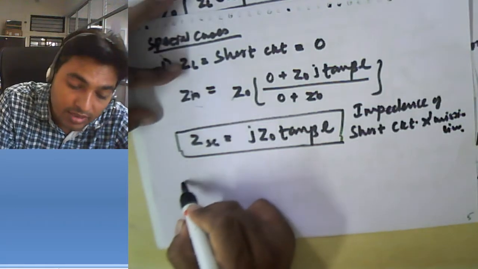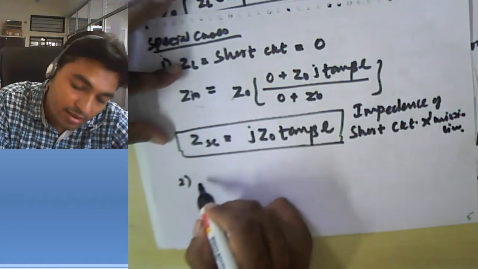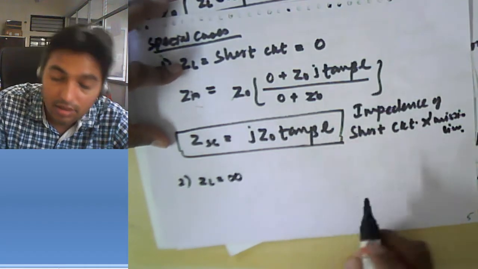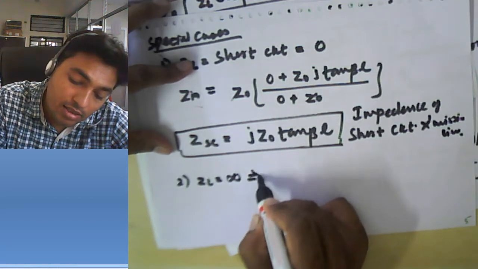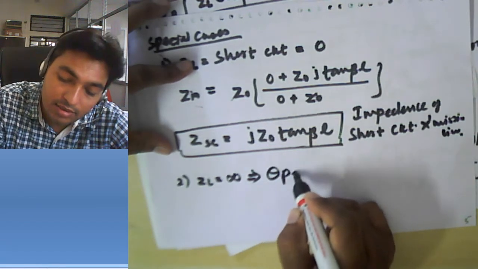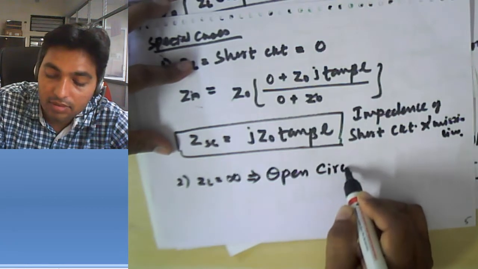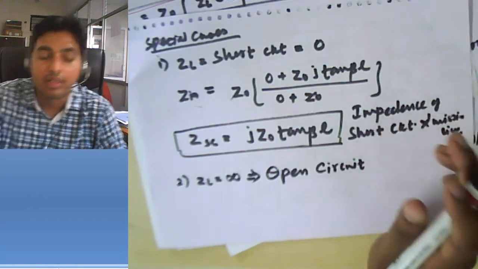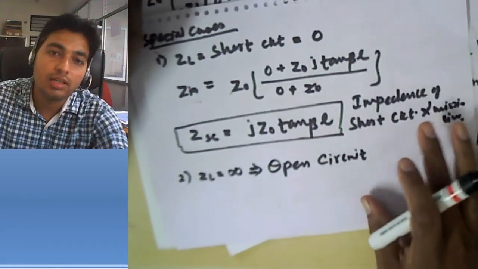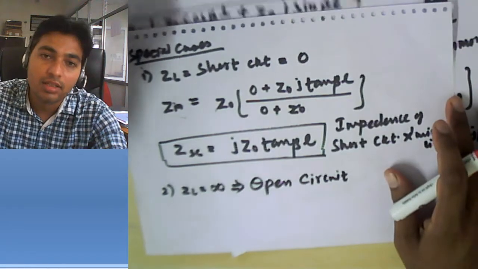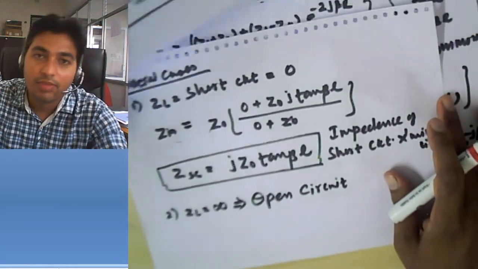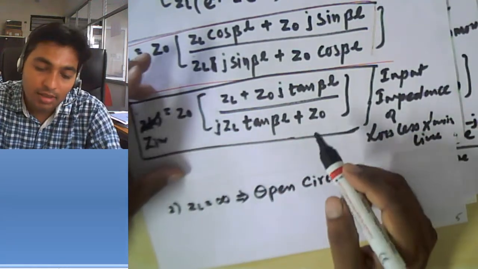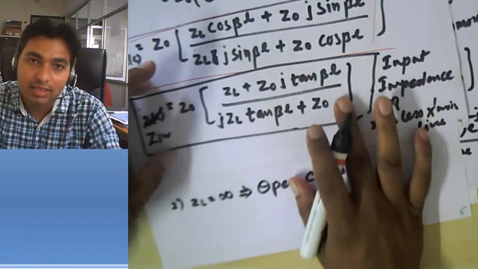Now for the second case, we will take ZL equal to infinity, or you can say this will be our open circuit case. ZL equal to infinity, we are having an infinite impedance. The infinite impedance is possible only if the circuit is open circuited. Once again we'll substitute ZL equal to infinity here, but before that we have to make some adjustment.